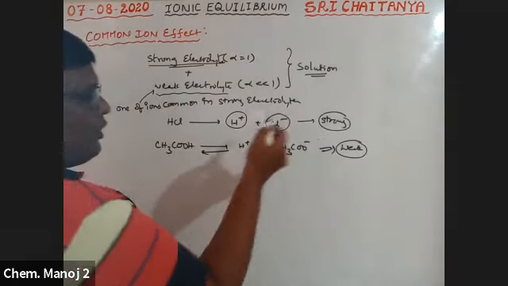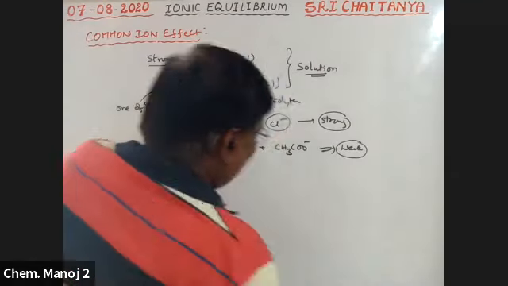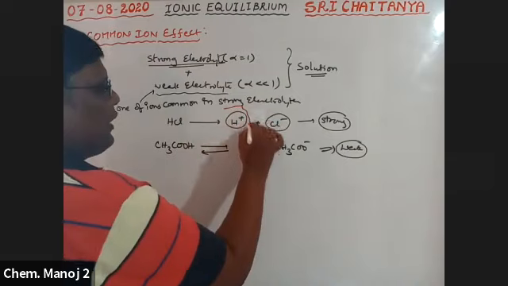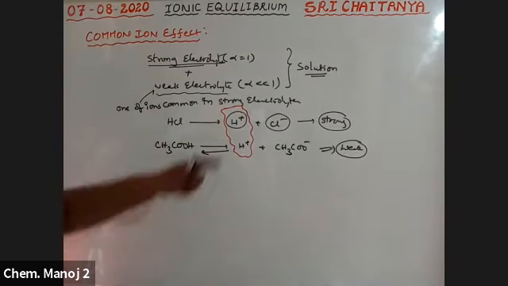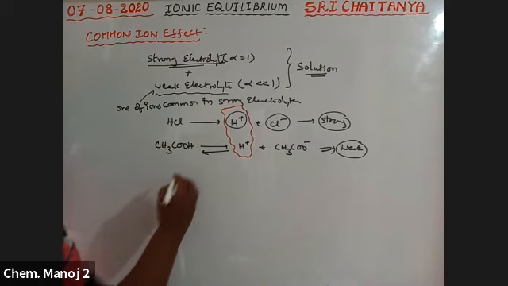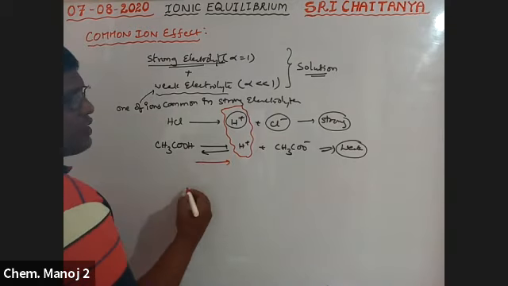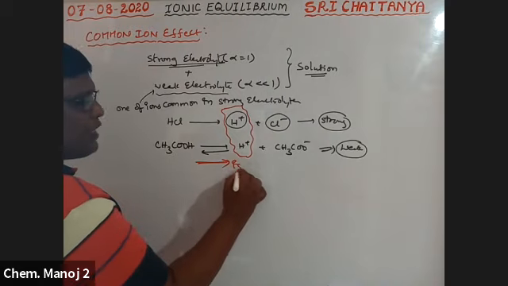So in the strong and weak electrolytes, there is a common ion. What is that common ion? Here H⁺ is the common ion. So if one of the ions is common, automatically the dissociation of this weak electrolyte is suppressed.